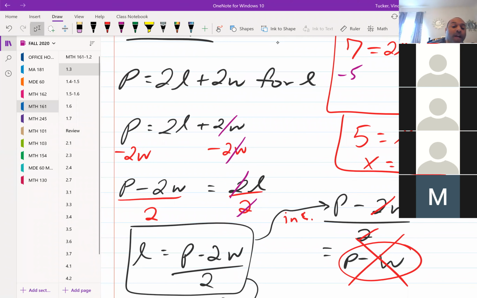So now that is our answer. But I want to make sure we're clear on something before we leave it. That's why I had those arrows going to other things. I'm going to talk about reducing when you don't have to and what you could do if you decide to. But I just want to make sure everybody's caught up with us before we go any further.